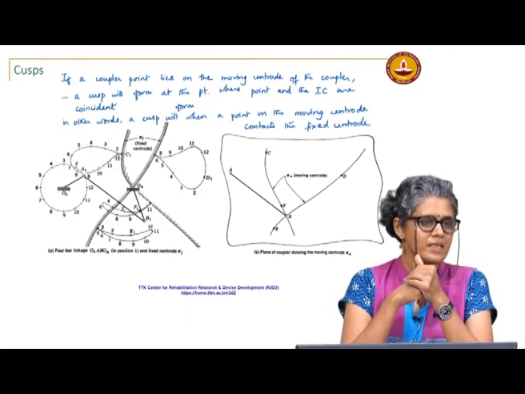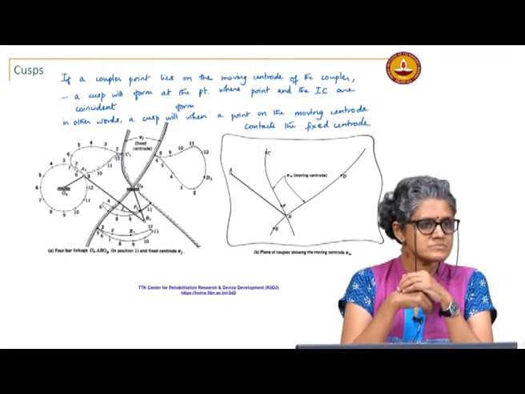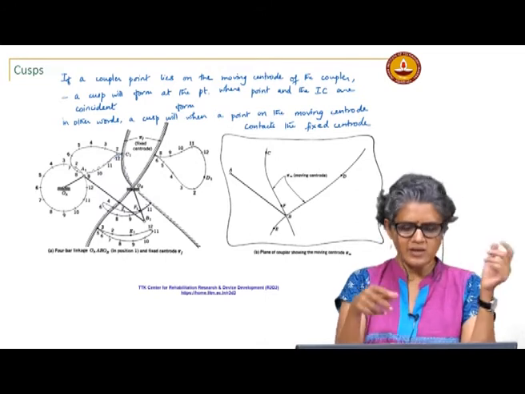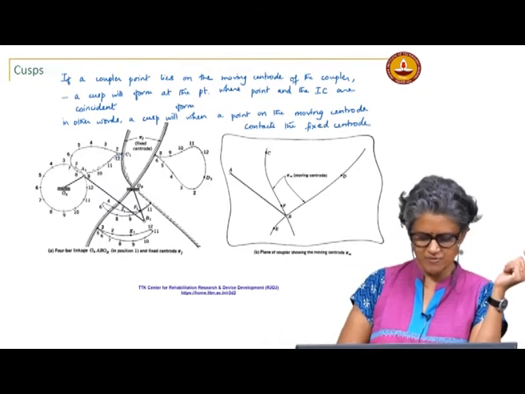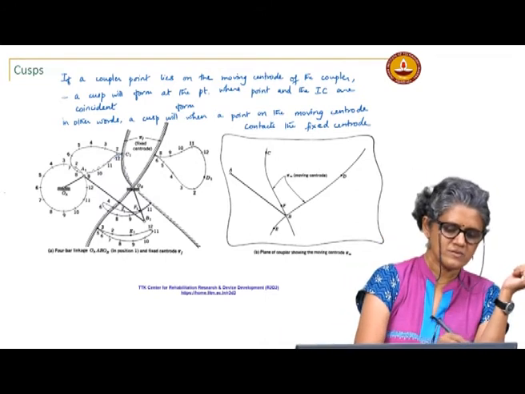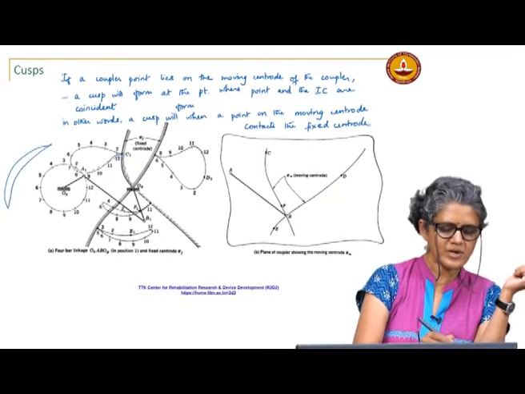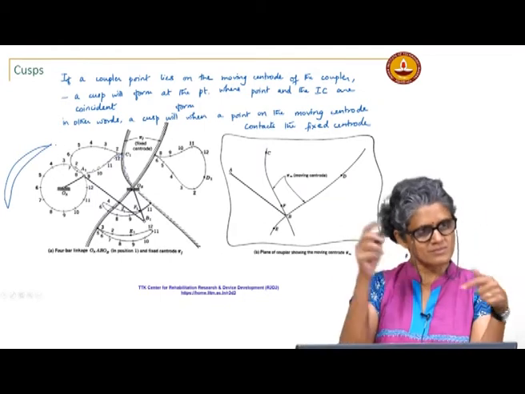There should be two cusps in the coupler curve for a pick and place kind of operation. Yeah, it depends. For instance, you could have this kind of a curve, or you could have some other point having a cusp.